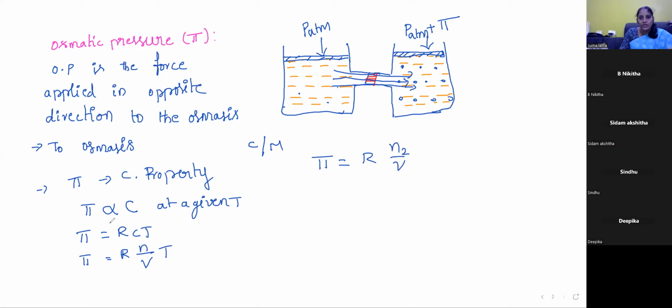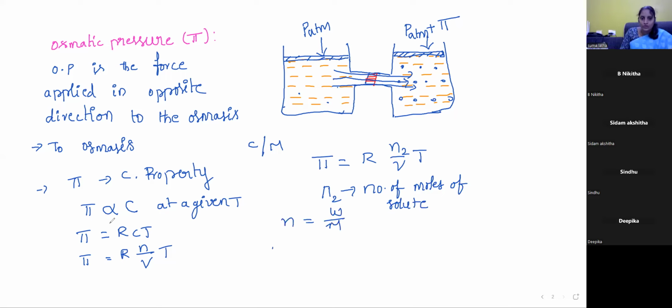So here, especially pi equals R n2 by V into T. Listen, here n2 is nothing but the number of moles of solute. Number of moles equals what? Weight upon molar mass.